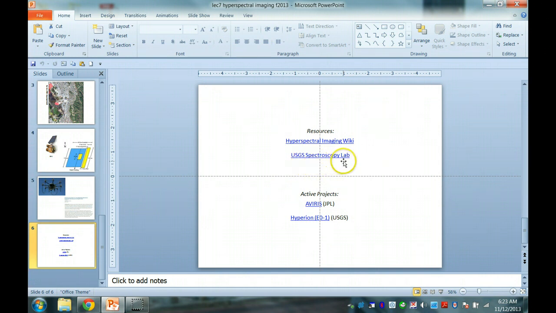This is a link to something at USGS where they actually test different types of minerals and other kinds of land surfaces with very high resolution radiometers, and they produce spectral plots of these materials, which can be very useful if you are working with hyperspectral to determine what typical spectral plots might look like. And then a couple of links here to AVIRIS and Hyperion. So hyperspectral, very cool.